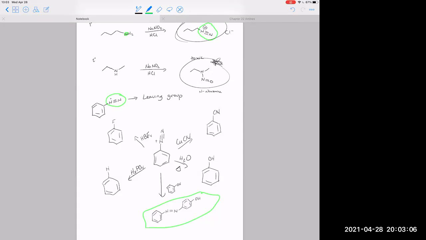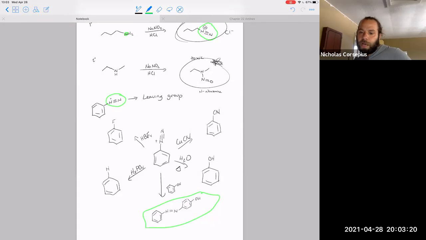Would you like us to memorize the sigma complex for the Azo coupling? No, you don't need to know the mechanism for that one, but just looking at it, it should make sense that the sigma complex is just like all the other sigma complexes, right? It's basically a carbocation that's resonance stabilized.